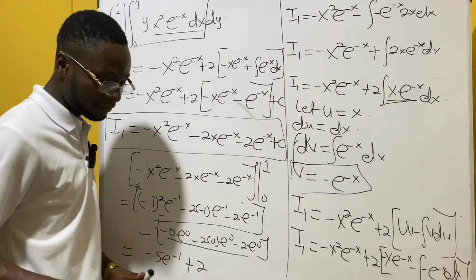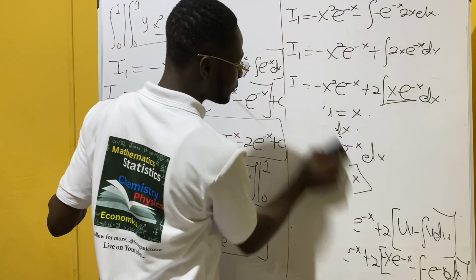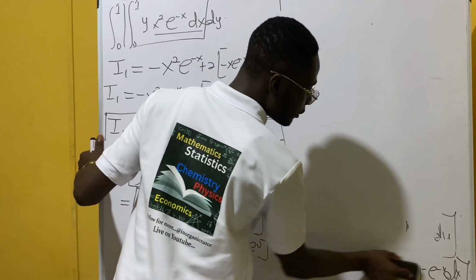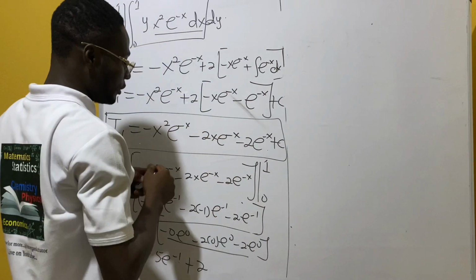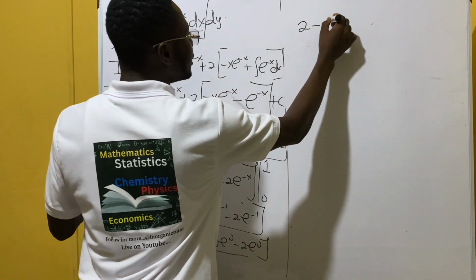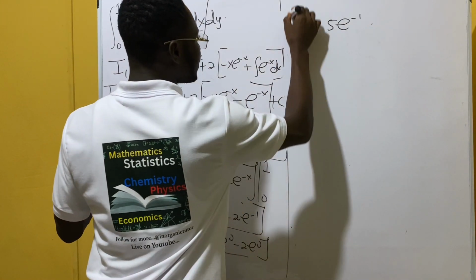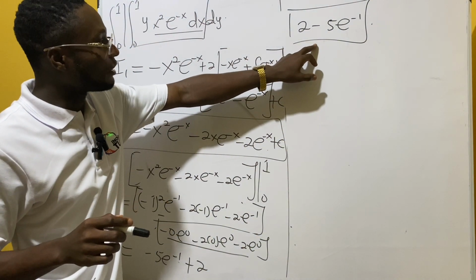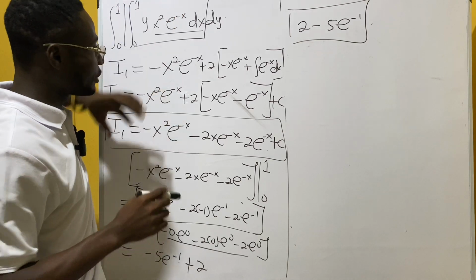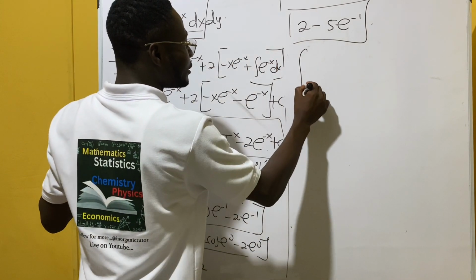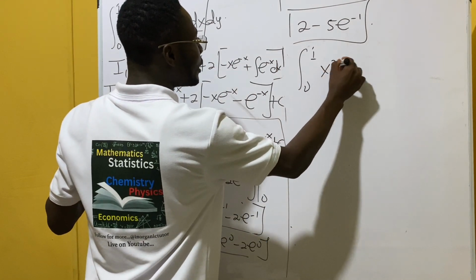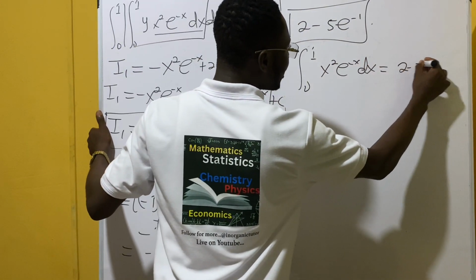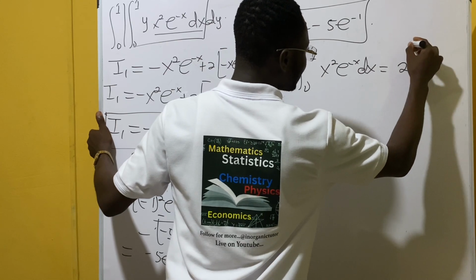So we have 2 minus 5 e power negative 1. That is the inner function. When we evaluated it, the integral of x squared e power negative x dx is equal to 2 minus 5 e power negative 1.